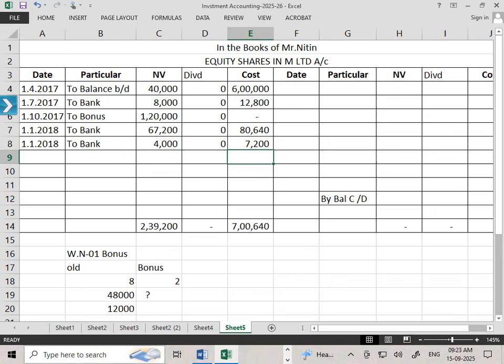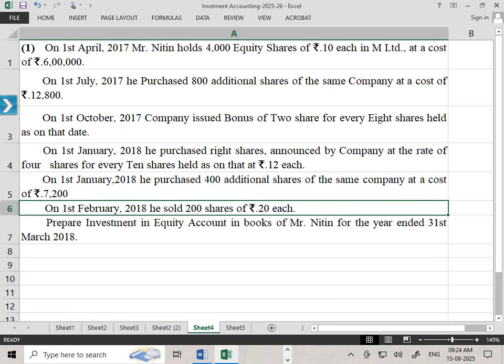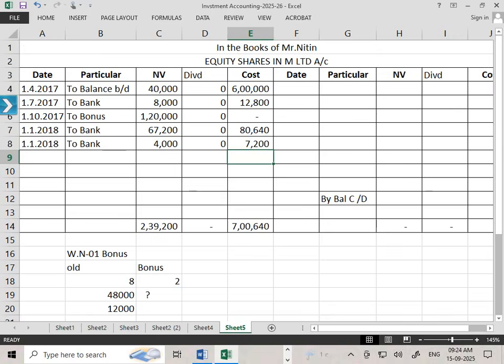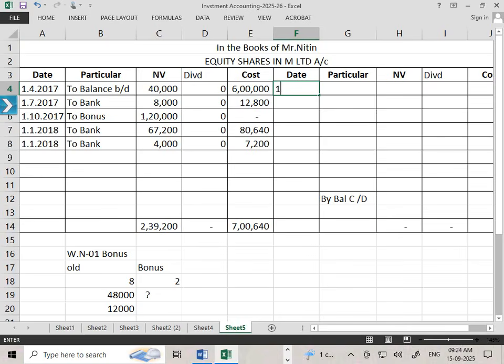Now sales is there. The last transaction is what? On 1st February 2018, he sold 200 shares for rupees 20 each. So he sold how many shares? 200 shares. So the sale entry, what is the date? 1st February 2018, by bank.